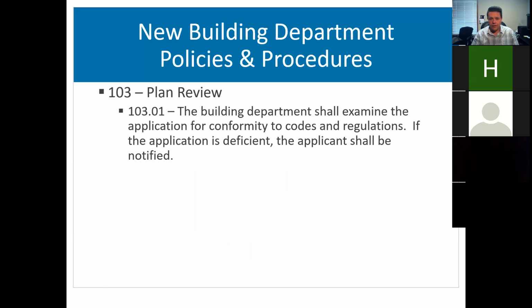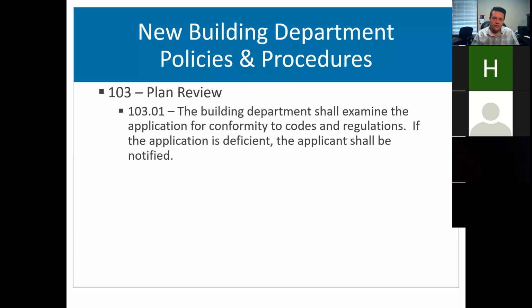There's state code, I believe, in both Utah and Arizona on how plan reviews are supposed to get done, and when. Our local policies and procedures also have specific requirements, what the building official has to do, looking at the application, checking it against the codes, and notifying applicants if there's any kind of deficiency.